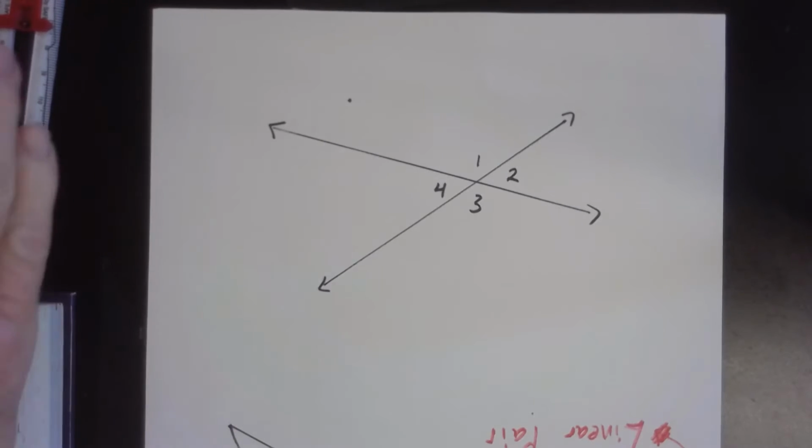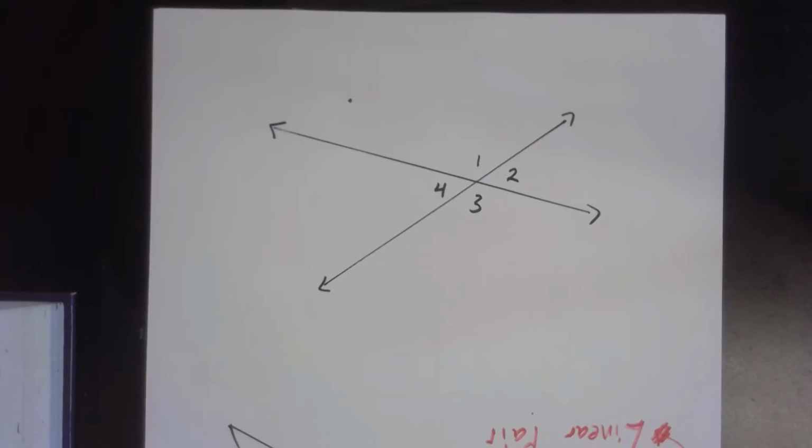Now, everything we've done so far in this class has been a postulate. We could look at it and say, well, that's the way it is, and everyone agrees with us. This is the first time it's complicated enough, and I mean barely complicated enough, that I can actually prove it.